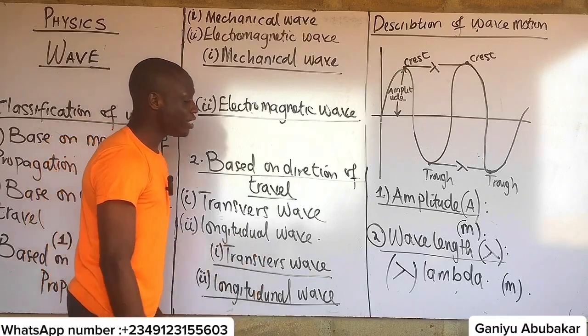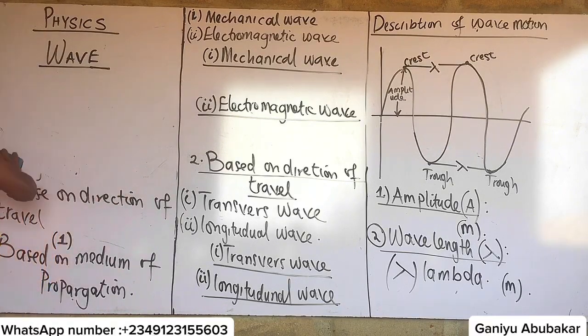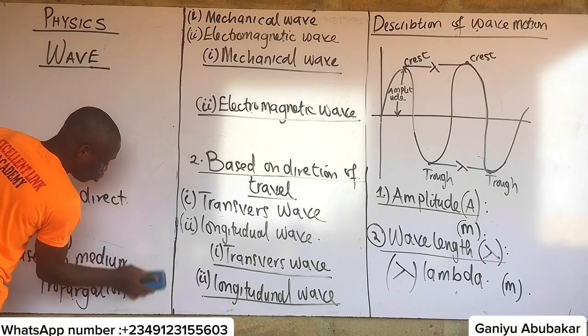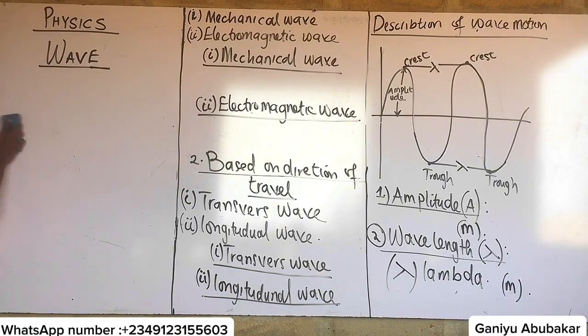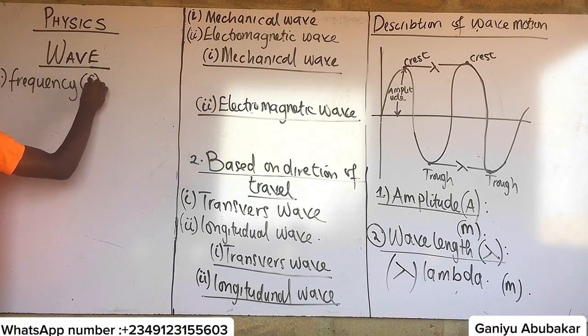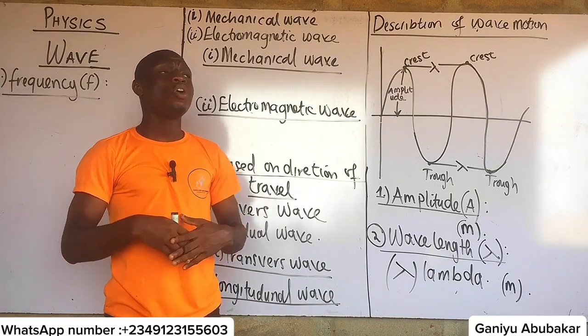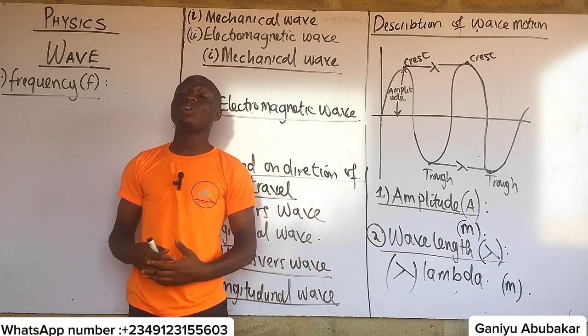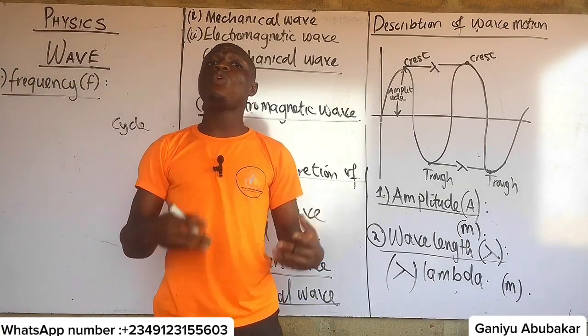Let's discuss the third concept. Number 1, amplitude. Number 2, wavelength. Number 3, frequency, that's F. Definition: frequency is simply the number of complete vibrations or cycles a wave particle makes in 1 second.